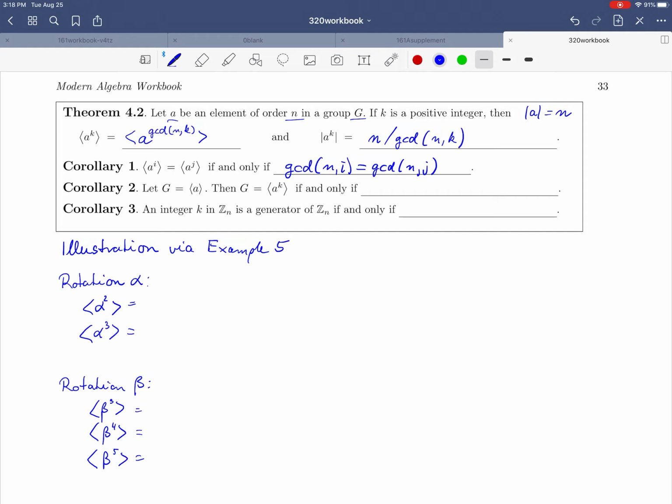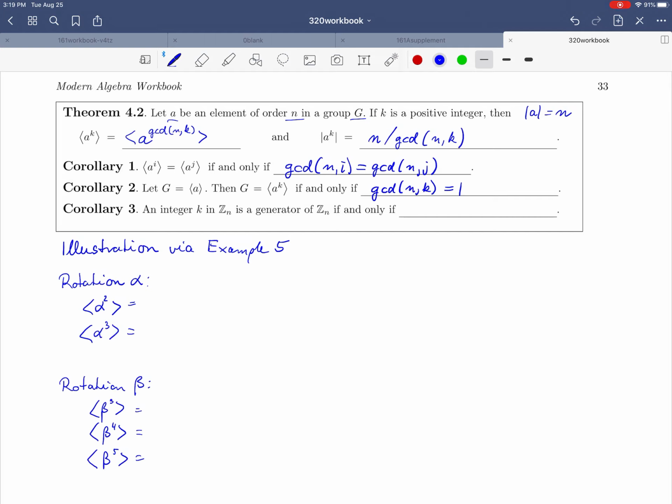Corollary 2 says, now G is a cyclic group generated by A. Then G is equal to the cyclic group generated by A to the k, so A to the k is a generator of our group, if and only if what can you tell me about the GCD of that power k with n? That has to be 1. So that power is relatively prime with the order of our group.